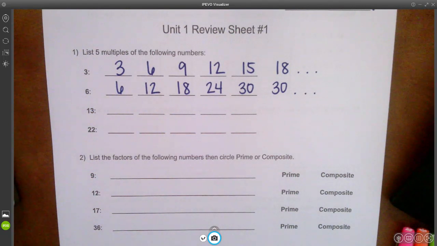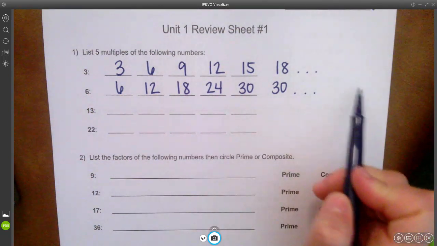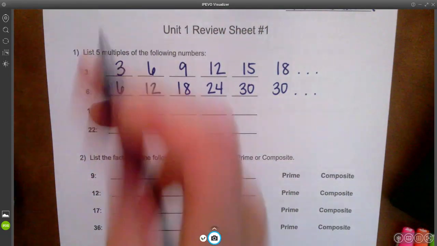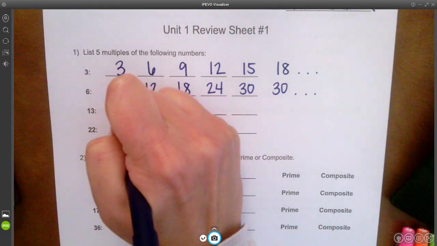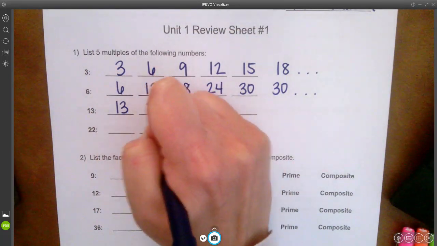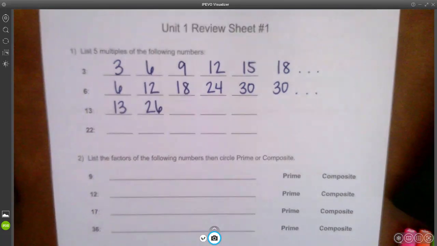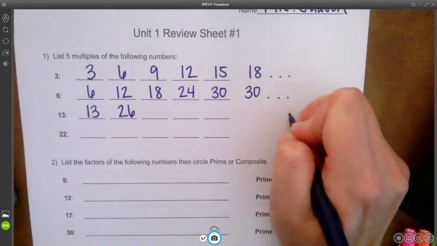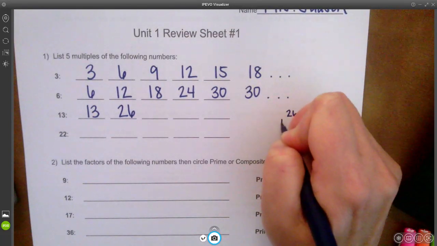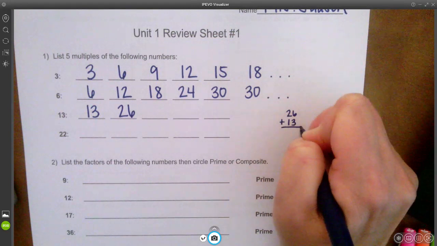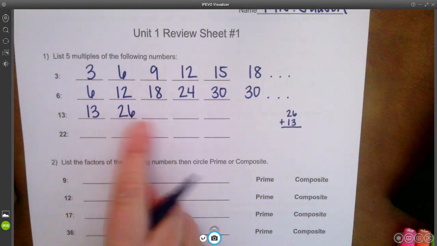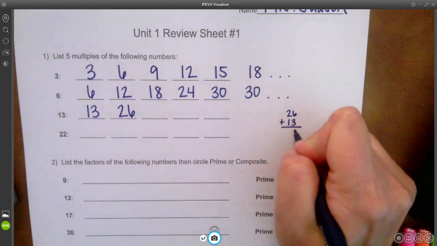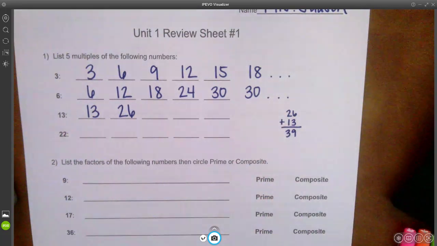This might get a little bit difficult for you to do in your head, so you might want to show a little bit of work off to the side. So 13 times 1, 13 times 2. If you have a hard time counting by 13s, then maybe I'll see a few addition problems off to the right. So if you take the number before and you add 13, there's my next number.